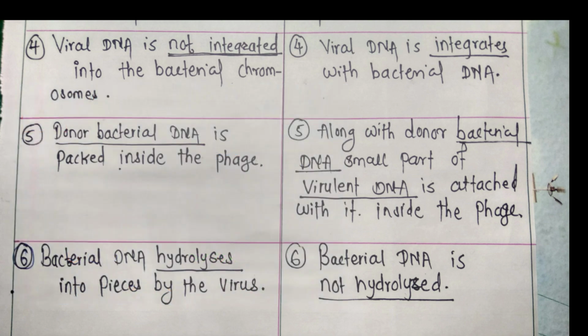The fifth difference is that donor bacterial DNA is packed inside the bacteriophage in generalized transduction. We know that in generalized transduction, the transducing phage is formed, and in this transducing phage the donor bacterial DNA is packed individually. But in specialized transduction, along with the donor bacterial DNA, a small fragment of the viral DNA is attached to it inside the bacteriophage.